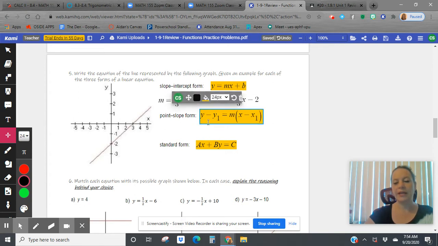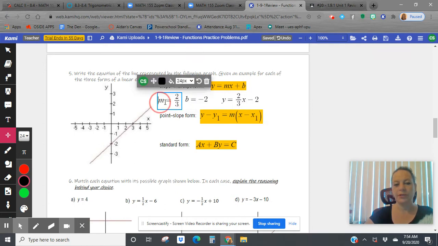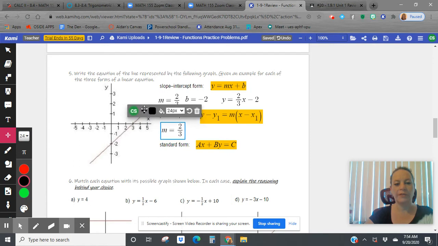Okay, so next I can use any point to plug into the point-slope form, and I still need the same slope, which is 2/3. So this 2/3 still applies. And I can just go use any other point from the graph.